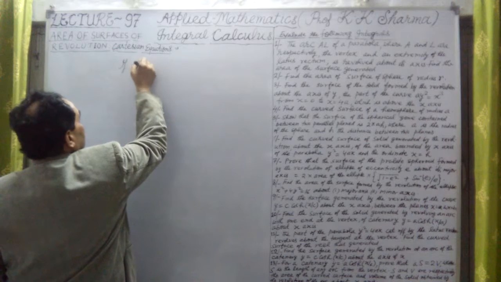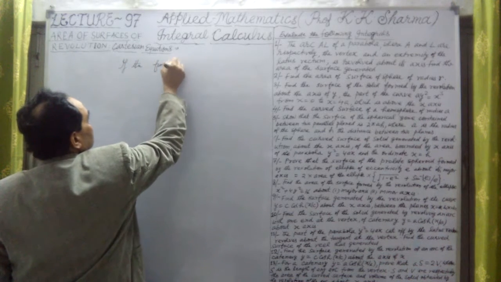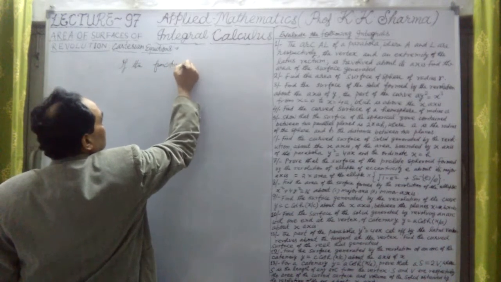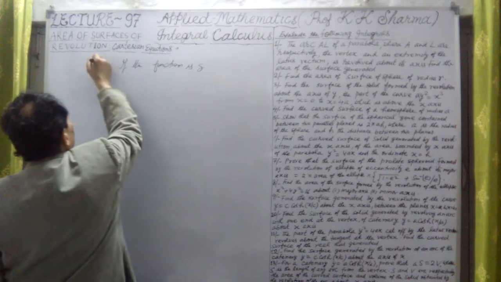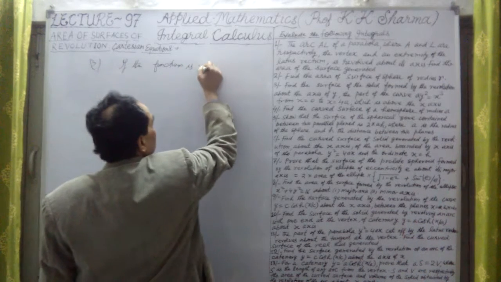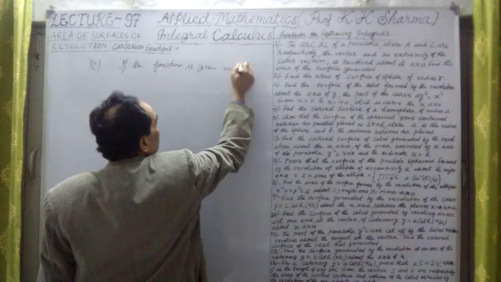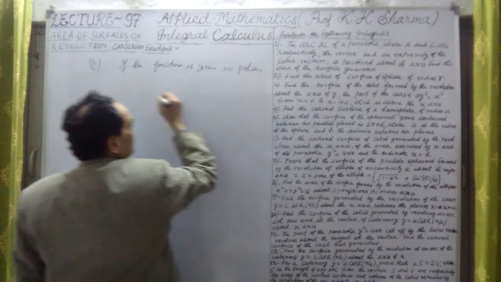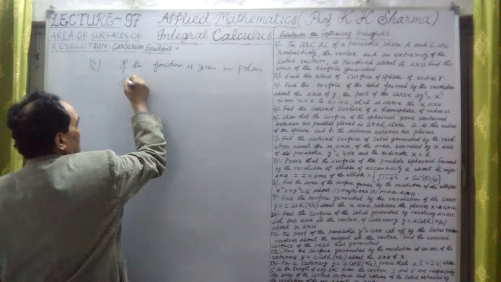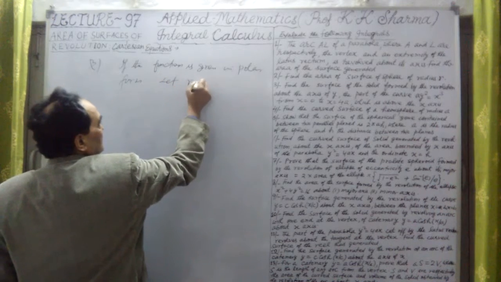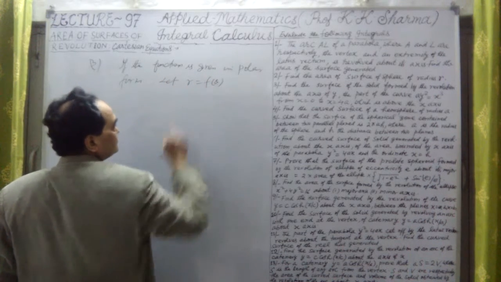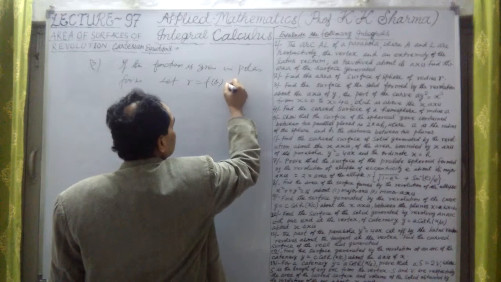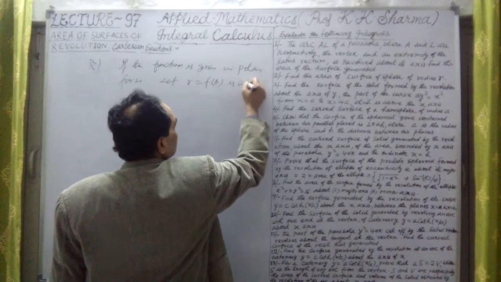If the function is given, this is the third case, in polar form, let r equal to f(theta), a polar equation.